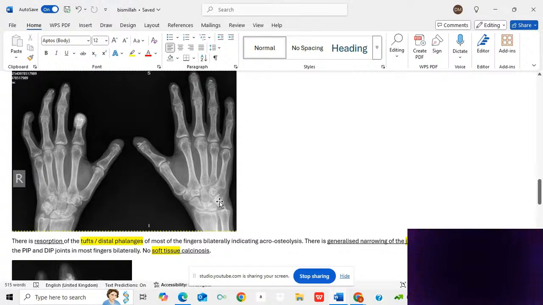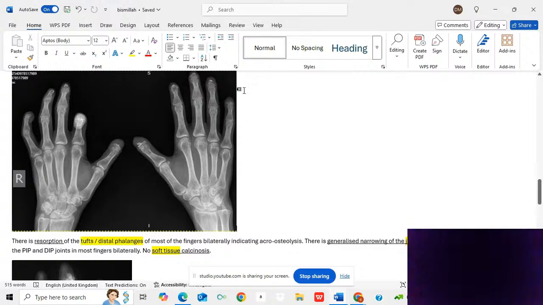So it takes here and here, mainly involving the proximal and distal interphalangeal joints, as well as the radiocarpal joint.